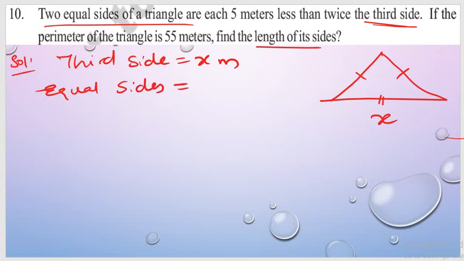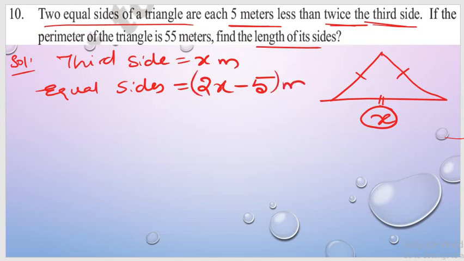So equal sides are 5 meters less. So 5 meters less means I can write it as minus 5, right? So 5 meters less than twice the third side. Since I have considered the third side as x, it is nothing but 2x minus 5. So this is in meters. Now what he has given, if the perimeter of the triangle is 55 meters.